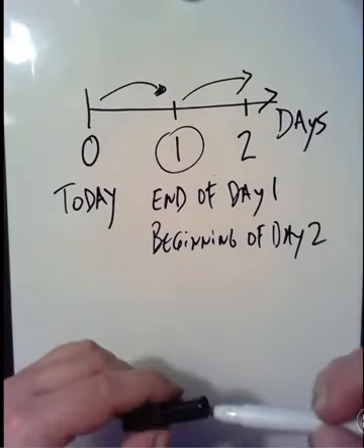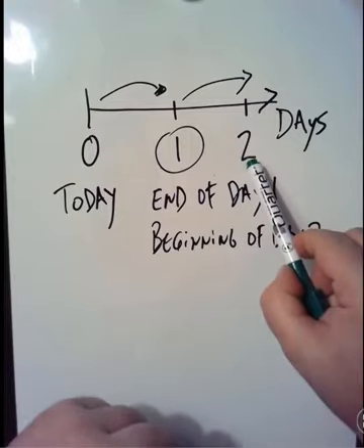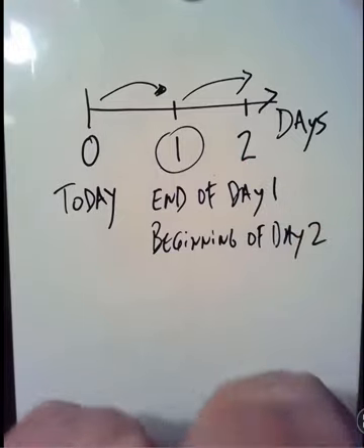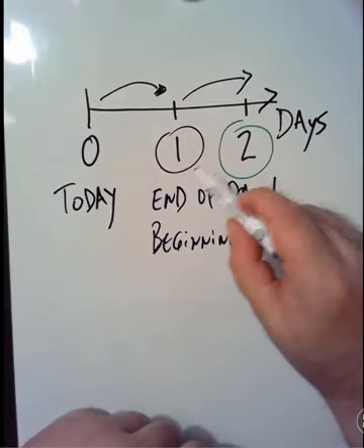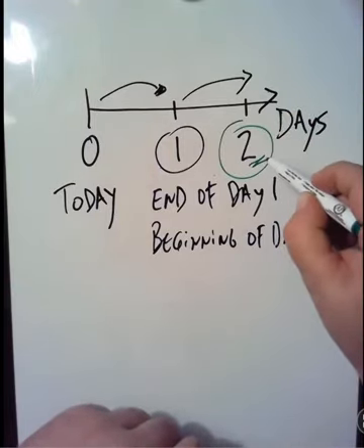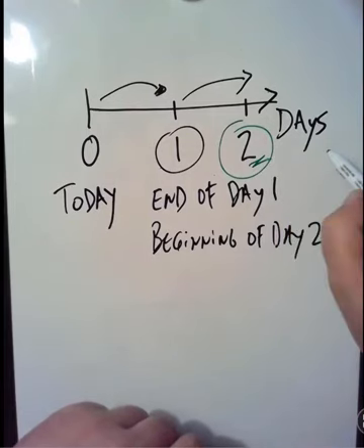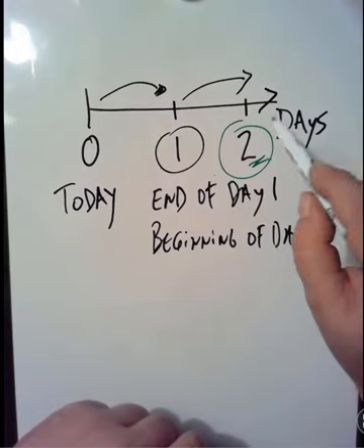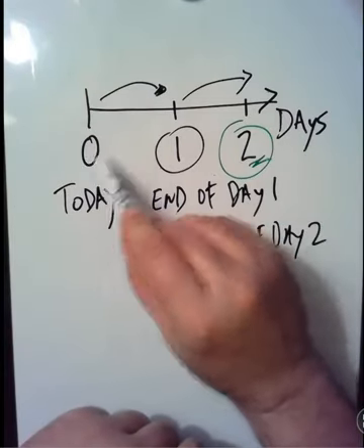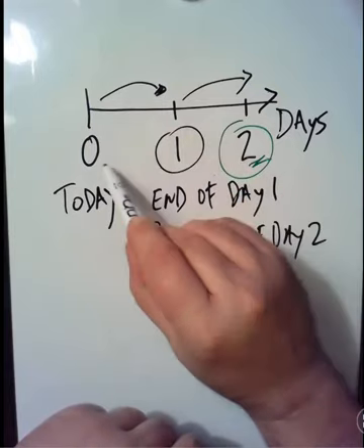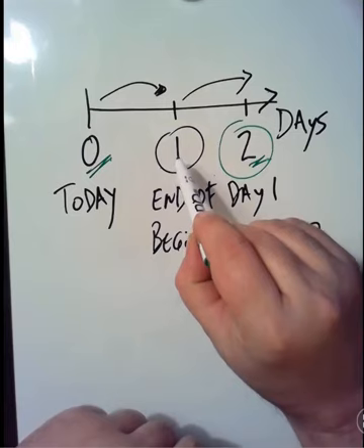Similarly, for the point referenced as point 2, point 2 is the end of the second day, beginning of the third, and so on. Time 0 always represents the beginning of the first day. Time 0 is the beginning of the first day.